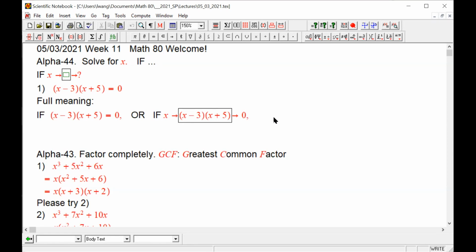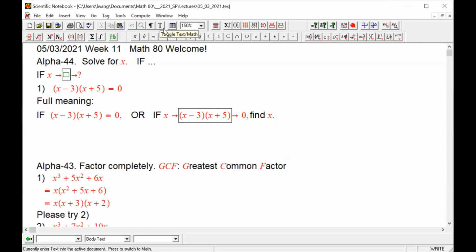So we're going to determine, so find x. Find x. So this is how we understand the sentence. It is an if statement.